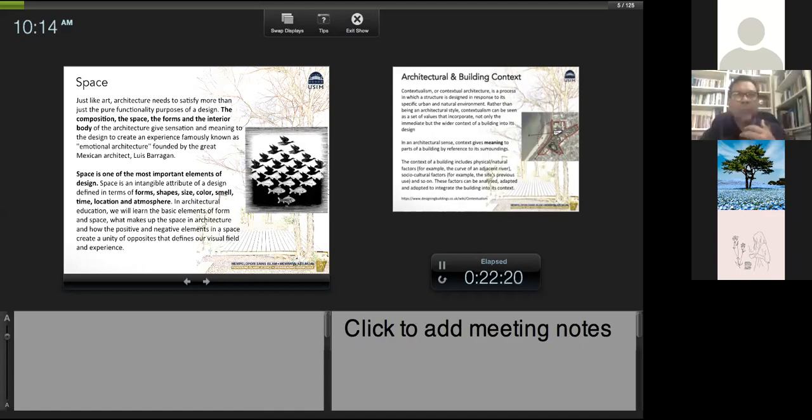So how will this positive and negative space communicate with each other in harmony? This is the skill of an architect: you are not just creating space, but you are creating something, and how the user will feel.